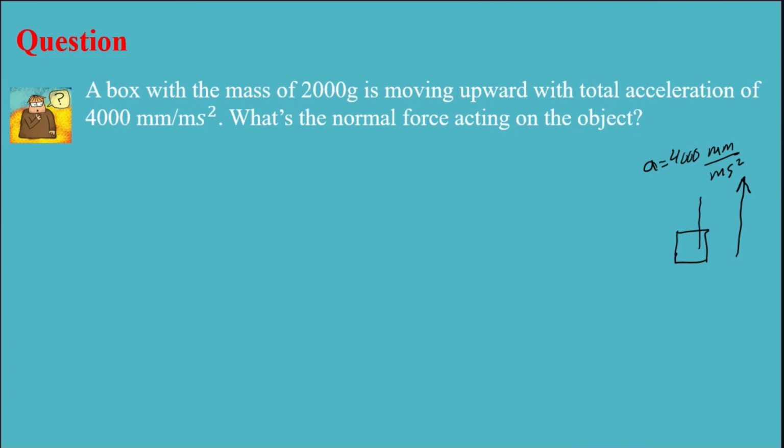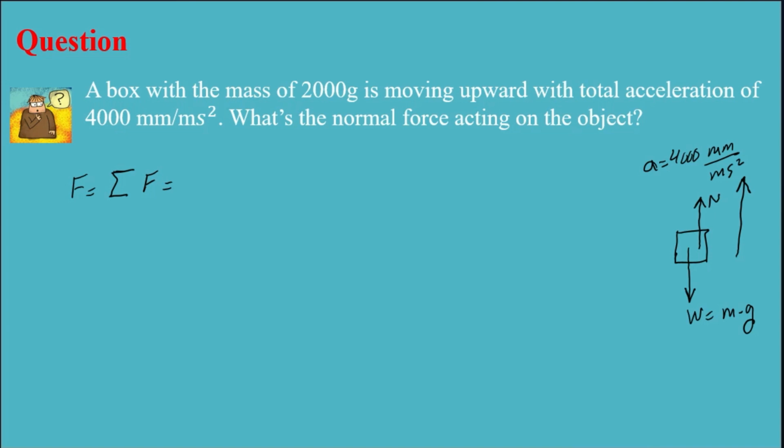So the normal force direction is going to be upward, and also we know that there is a weight applying to the object, right? So that's going to be m times g. If I write Newton's second law, the total force is the sum of the forces applying to the object.